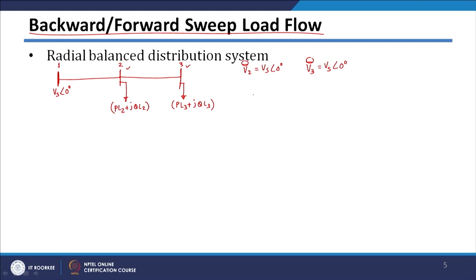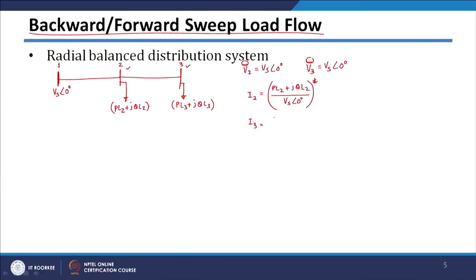Load current at bus number 2, I2, will be equal to PL2 plus jQL2 divided by Vs angle 0 degree, because we are assuming voltage at that bus is Vs angle 0 degree, and we are taking complex conjugate of it. So, that will give the current I2.